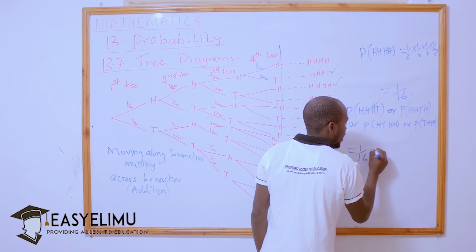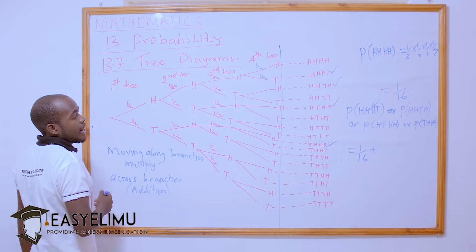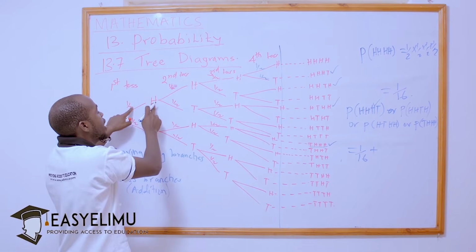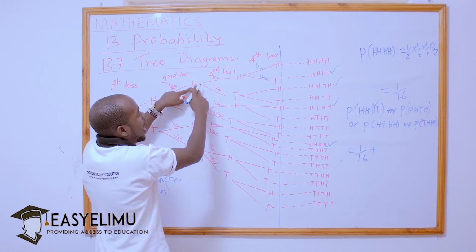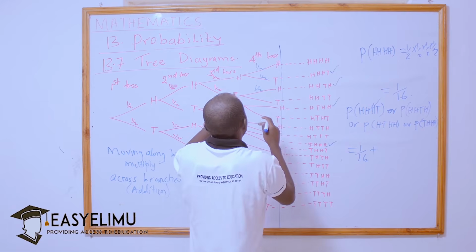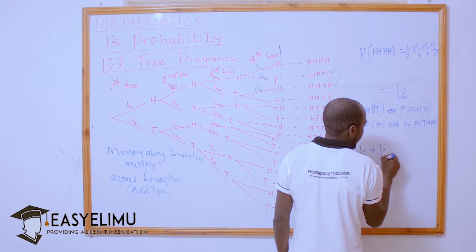OR means addition, so we shall add. For head, head, tail, head, we have a half for the head, a half for head again, a half for tail, and a half for head. So we have 4 halves, and if you multiply them, you get 1/16.